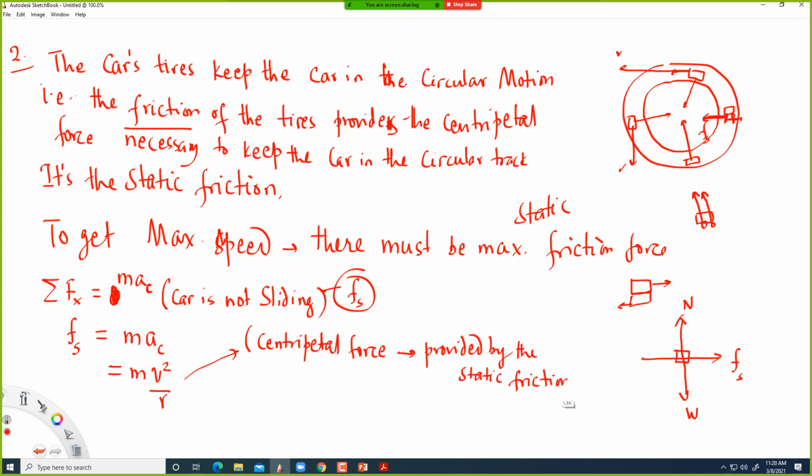So I mentioned this in the very beginning that the main theme of this topic would be to figure out which force is providing the centripetal force. In this case, this static friction is providing the centripetal force.